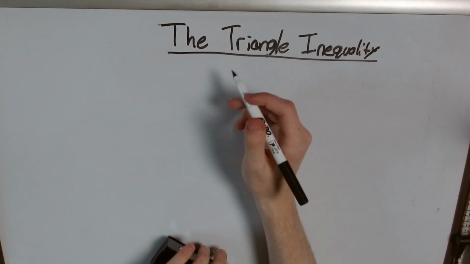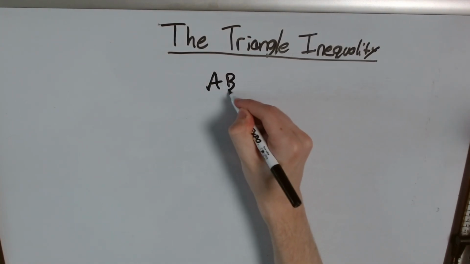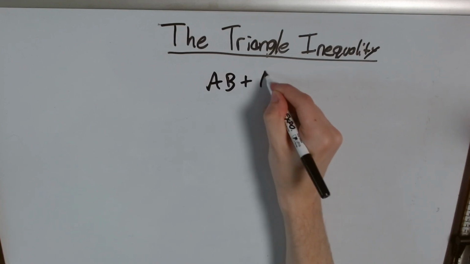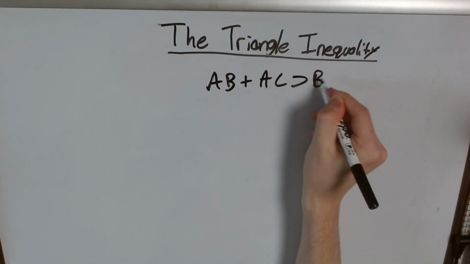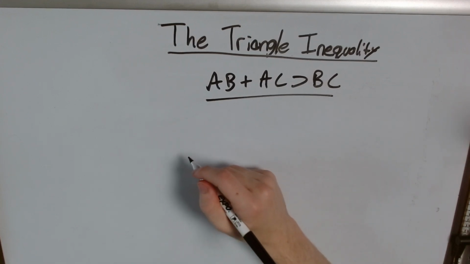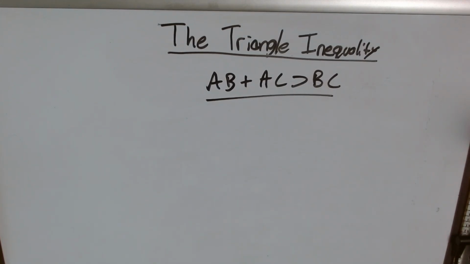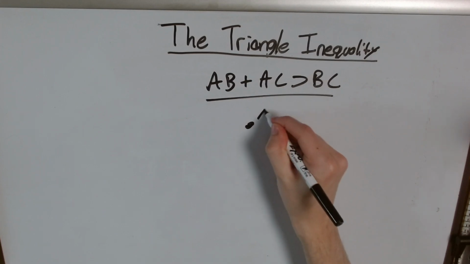Let's prove it. This will be a good chance to exercise our proof skills. So first, I'm going to rewrite this like that. And I'm going to start the triangle like this.